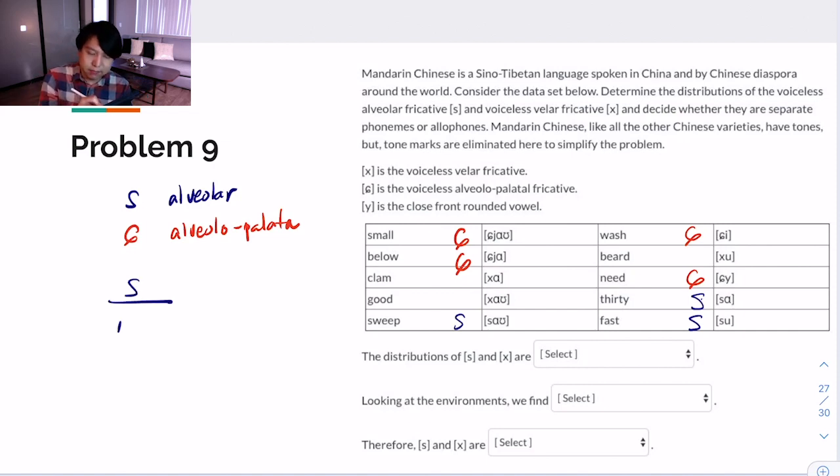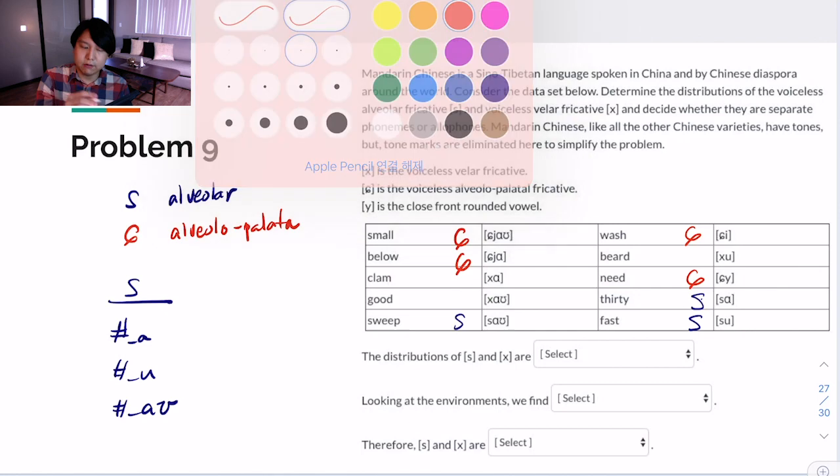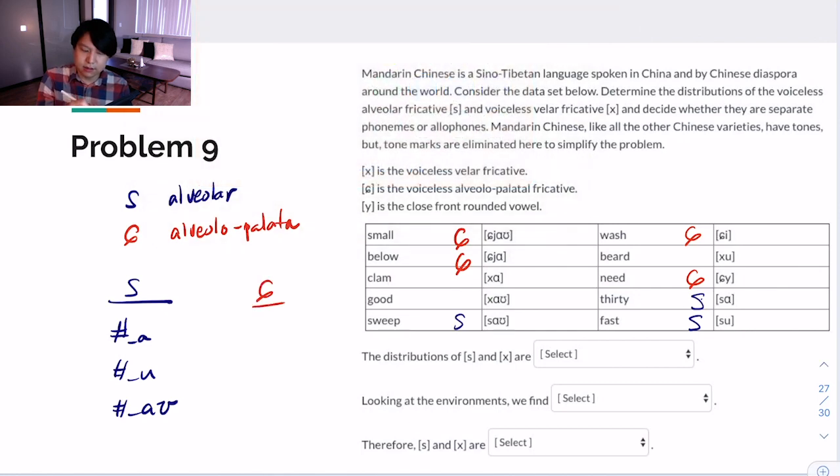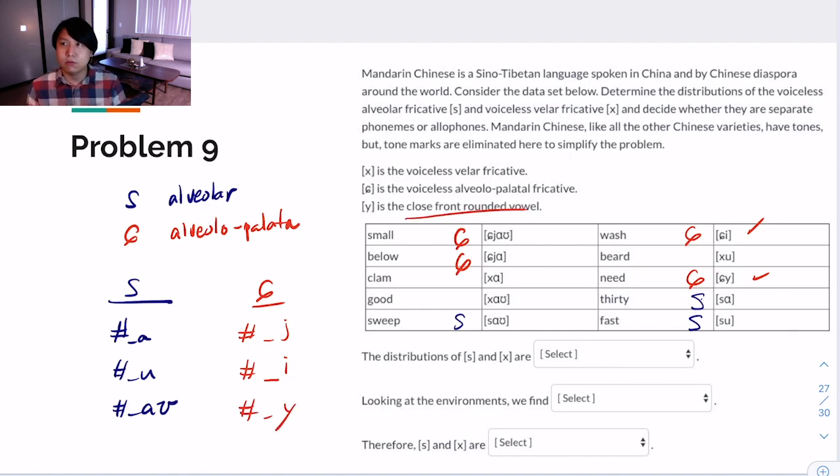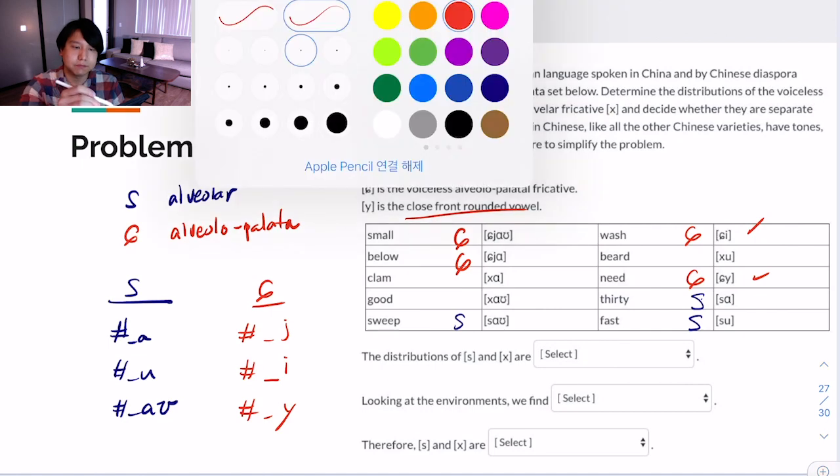So basically, S occurs before a, u, ao, while the sha sound exists before ya and e here, and before u, which is a closed front rounded vowel.